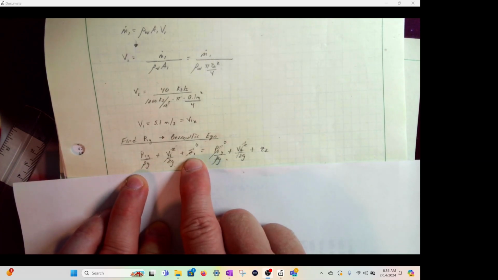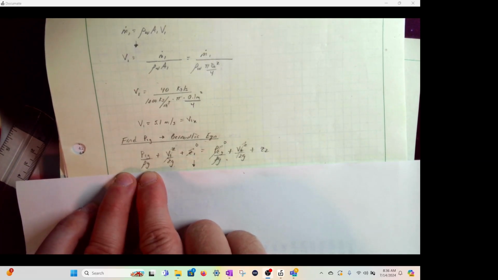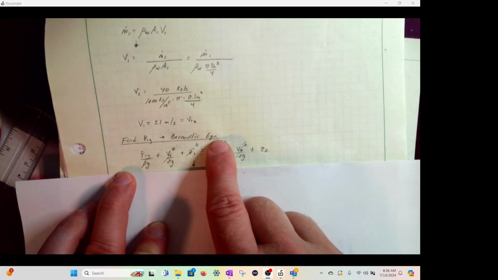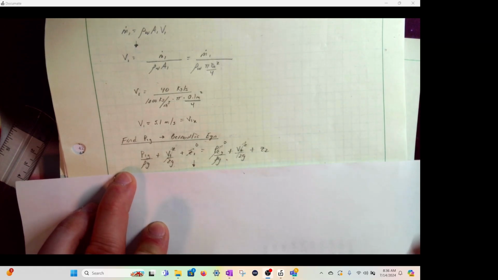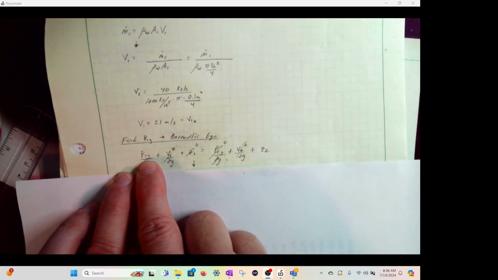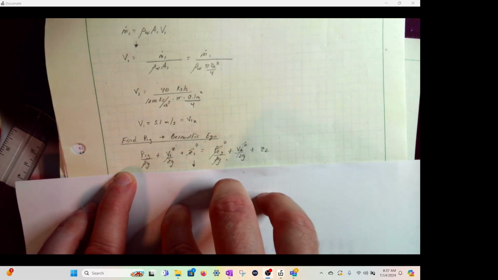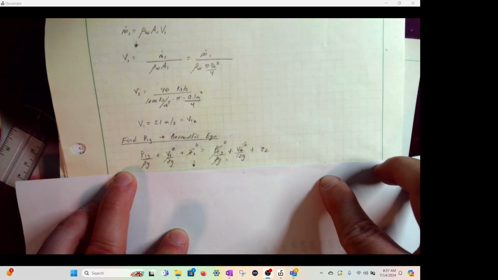So it's potential energy, kinetic energy, and pressure energy. Okay, so this is the fundamental equation for energy balance using Bernoulli's between two states if it's fluid. State 1 is always where it starts, and state 2 is where it moves to.